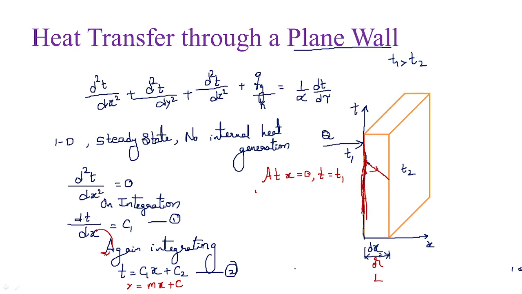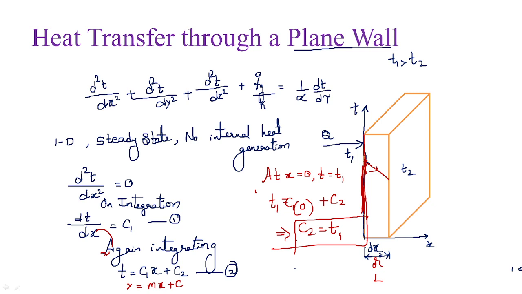If I substitute x equal to 0 in this equation, T1 is equal to C1 into 0 plus C2. So that implies C2 is equal to T1. So the C2 value we have got.